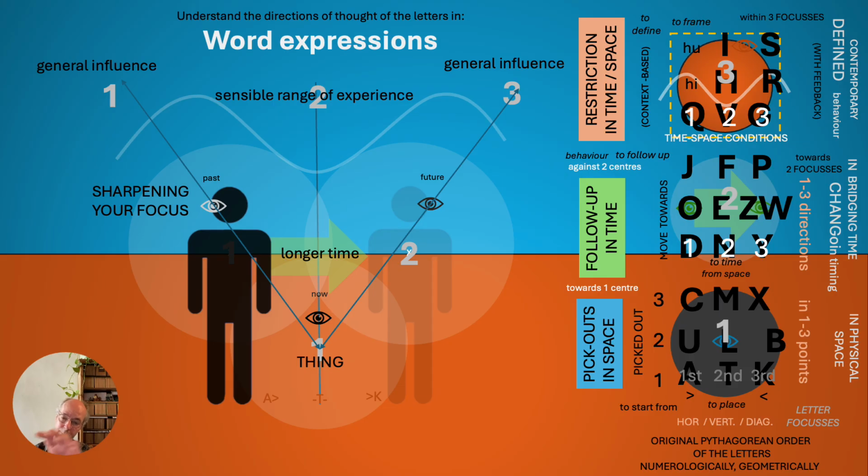I have built it up into its own logical system based upon the Pythagorean order or numerical order of letters. I also found out that the letters not just have 1, 2, 3, 4, 5, 6, 7, 8, 9 points of differences, but they also have 3 times 3 times 3 options.